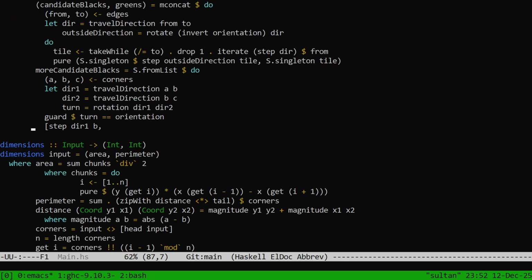Okay. Step reverse of... I guess actually you shouldn't need this, weirdly. Because I have a rotation, and I already know, like, oh, I was going north, and I turned right. I could just turn left from north instead to get the right direction. But I kind of like reversing the direction dir 2. That kind of makes sense.